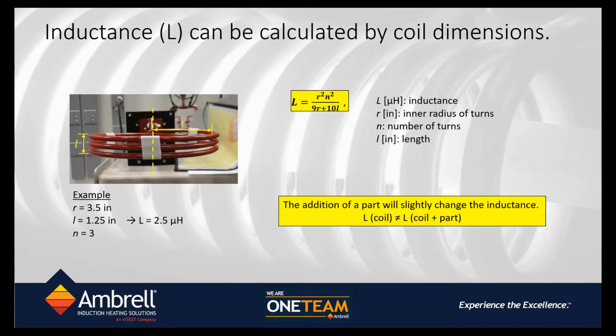For example, if you had a 3-turn coil that has a radius of 3.5 inches, and its overall height was about 1.25 inches, the inductance of this type of coil is 2.5 microhenries. Now, if you were to plug in these numbers, you will find that barring any edge effects or the losses that are in the copper tubes connecting from the capacitor to the coil, this formula holds pretty true.